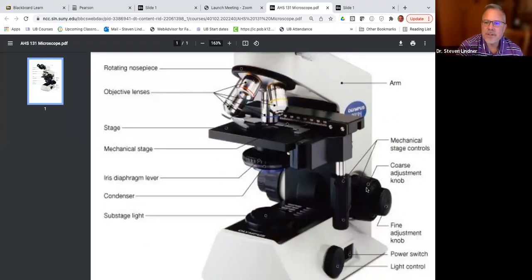The coarse adjustment knob moves the stage up and down, and moving it very little creates a lot of movement up and down. Okay, so if the stage is very close to the objective lens and you manipulate the coarse adjustment knob a little bit, the objective can actually hit the glass of the slide and break it.